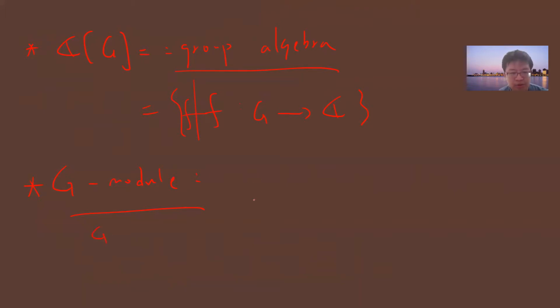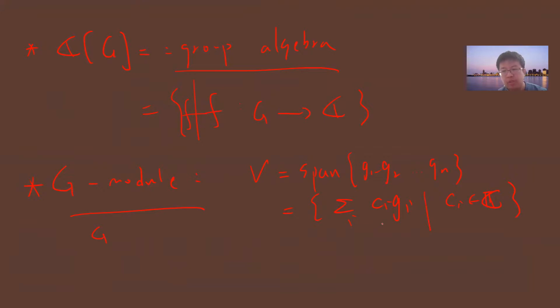So G-module means the following. If you have a group G, then you can construct a vector space with the elements of G as a basis, with complex coefficients. You define it to be the span of g1, g2, and so on. You just view each g as a basis vector, so all the elements look like the summation of c_i g_i, where c_i is complex.